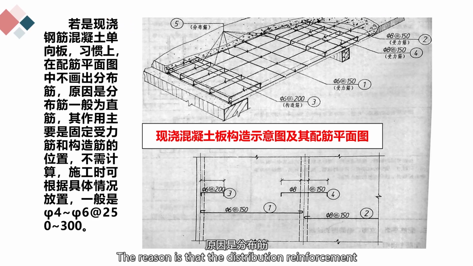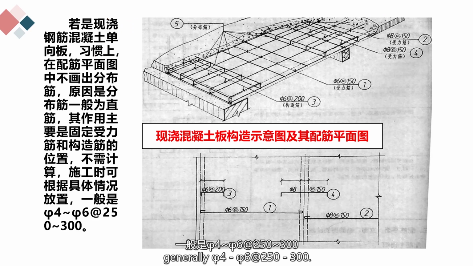The reason is that the distribution reinforcement is generally straight reinforcement, and its main function is to fix the positions of the main stressed reinforcement and the structural reinforcement. It does not need to be calculated and can be placed according to the specific situation during construction, generally Phi 4 to Phi 6 at 250 to 300.